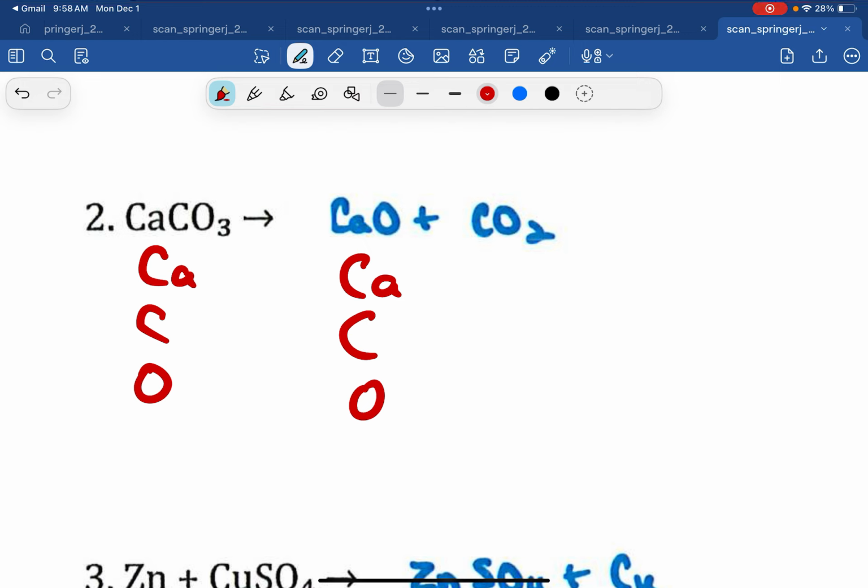It's just a little bit neater that way and makes things a little bit easier to keep track of. So I got 1 calcium, 1 carbon, 3 oxygens. I got 1 calcium, 1 carbon, 3 oxygens. How did you get 3? Look, 2 plus 1 is 3. This equation is already balanced. We don't need to put anything. If you want to put something in, you could put 1s in, but 1s are not necessary.